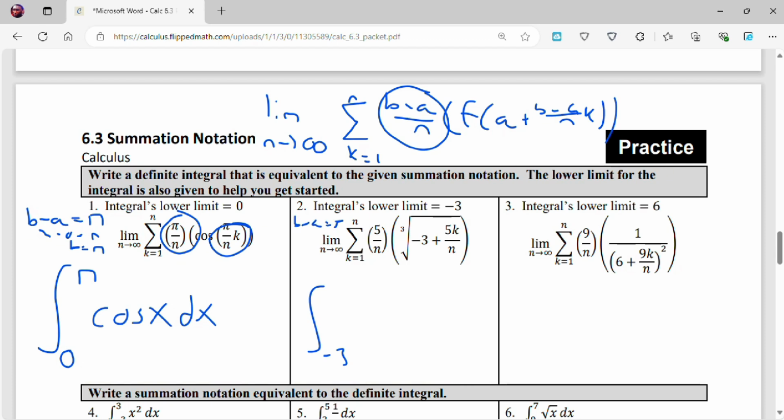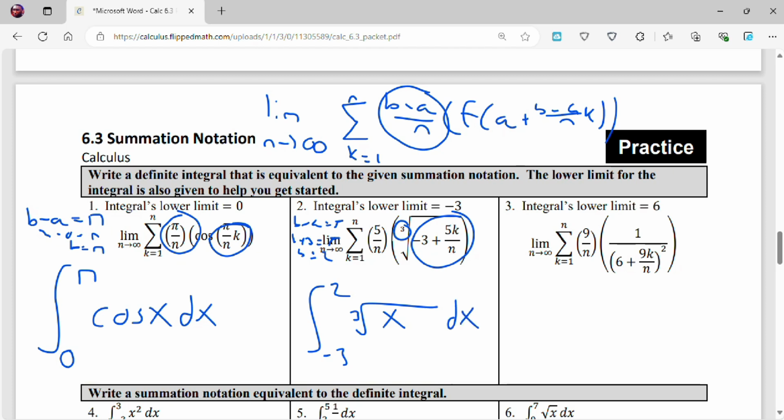A is -3. So b plus 3 equals 5. So b equals 2. Right? 2 minus -3 equals 5. Next, we're going to write the integrand. So we have cube root, and then everything inside here is x, with respect to x.